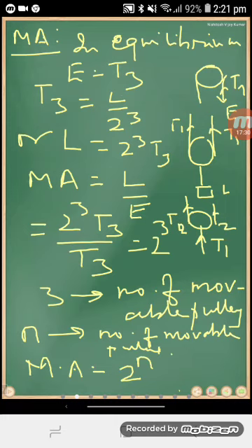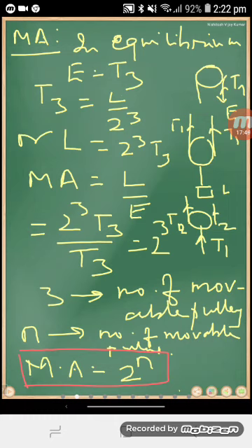So in case of one fixed and several movable pulleys, the mechanical advantage is equal to 2 to the power n, where n represents the total number of the movable pulleys.